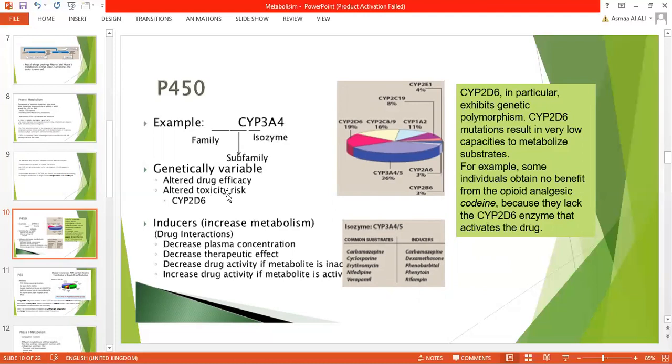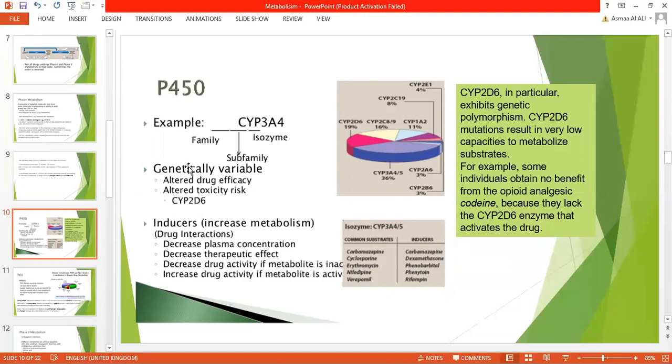Cytochrome 2D6 particularly has been shown to exhibit genetic polymorphism, and sometimes mutation.